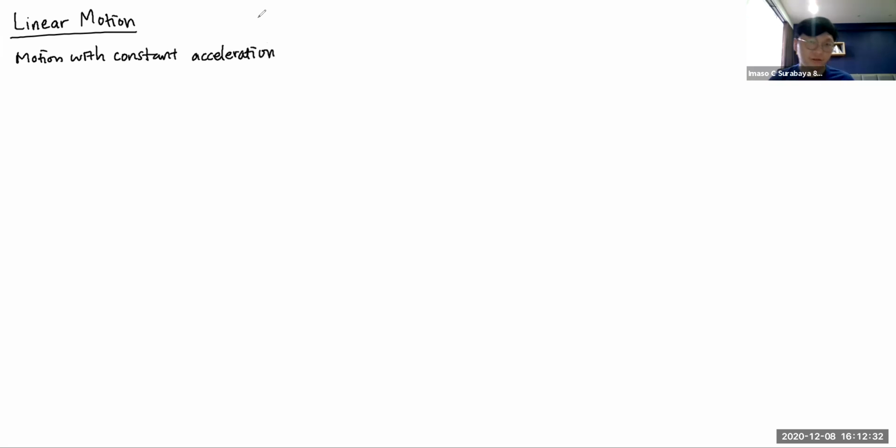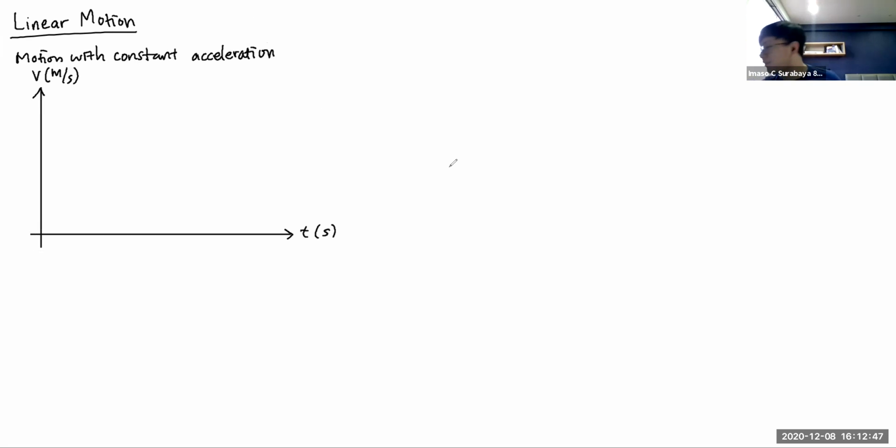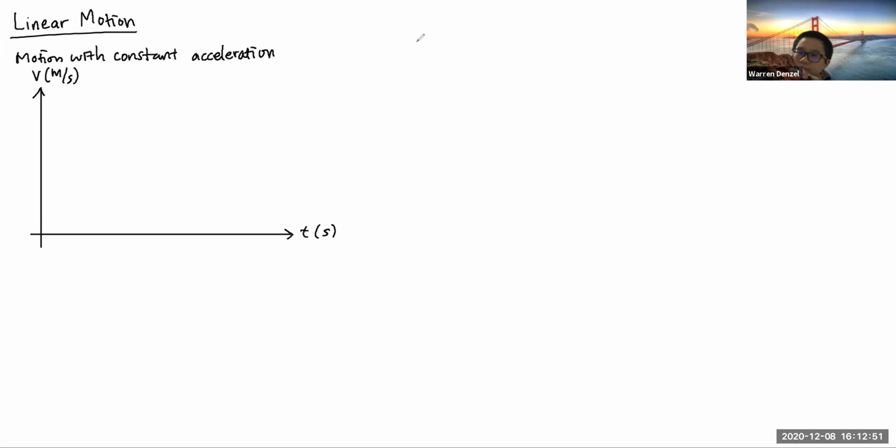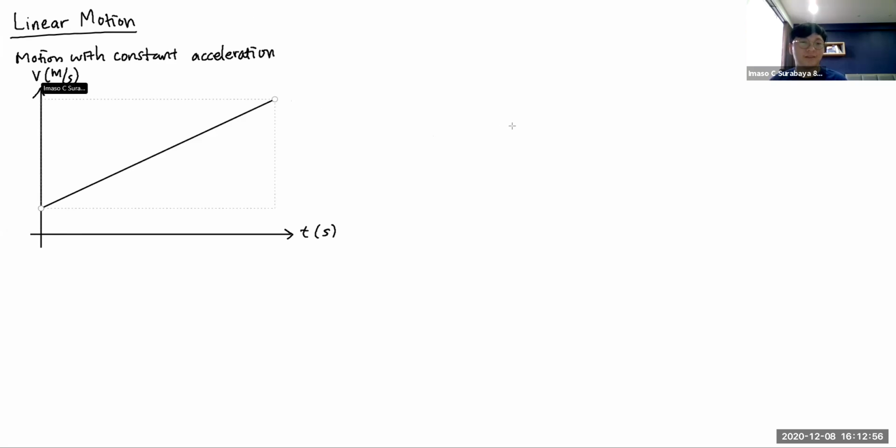Again, we will be seeing two kinds of graph. The first one is still the VT graph. What does the VT graph look like for motion with constant acceleration? It is going diagonally upward, so like this.